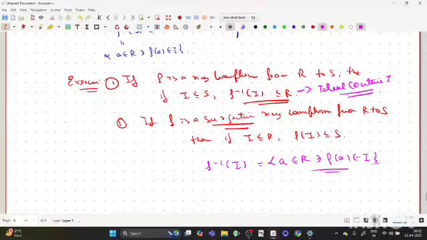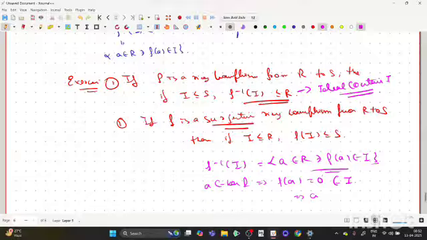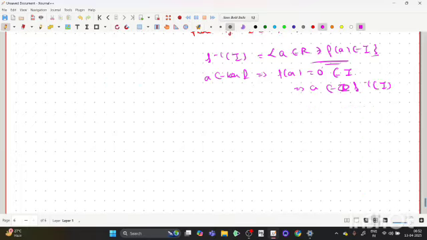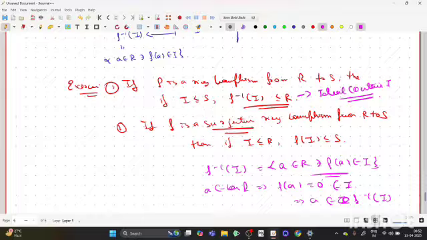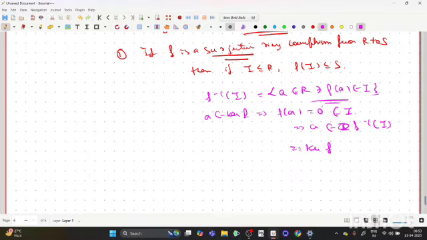If I choose an element a from the kernel of f, then f of a must be 0. Since I is an ideal, 0 will be in the ideal, so this must be in I, which implies that a must be in f inverse of I. So this implies that the kernel of f, sorry, I wrote I there, not I, containing the kernel of f. So the kernel of f should be contained in f inverse of I.